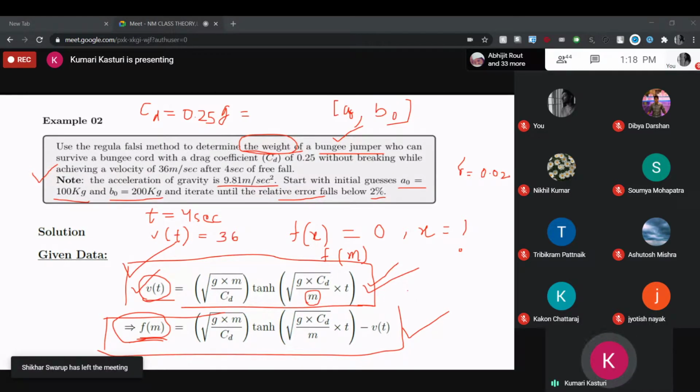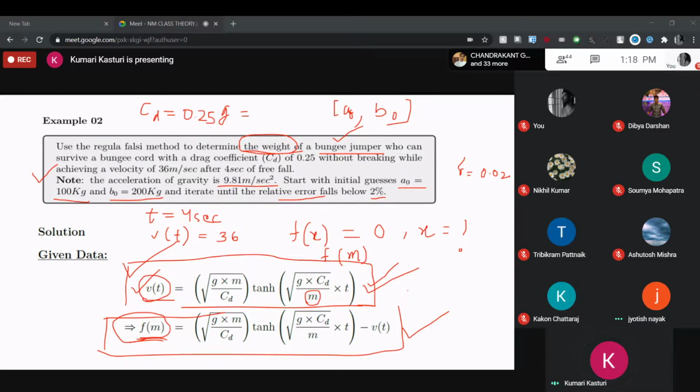These are the data given to you in the question. Up to this one complete, all of you have written these values: A0, B0, delta, cd, g, t, v of t.